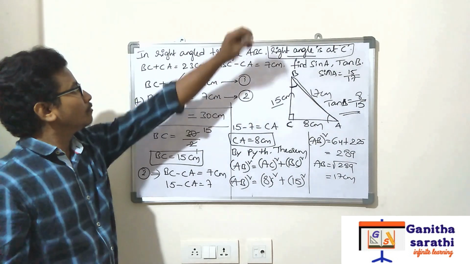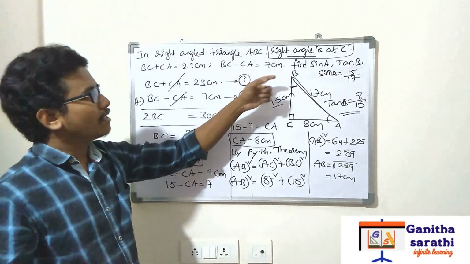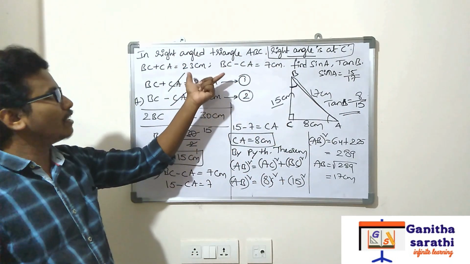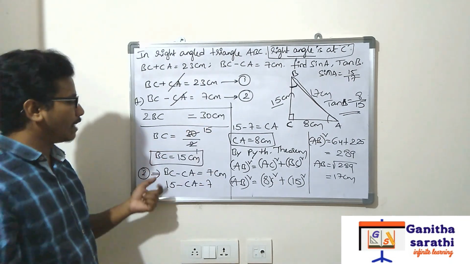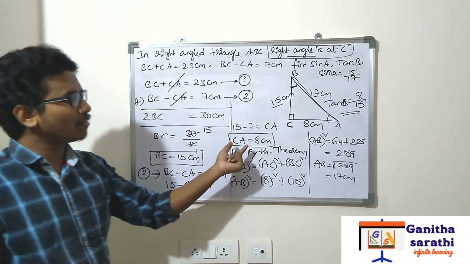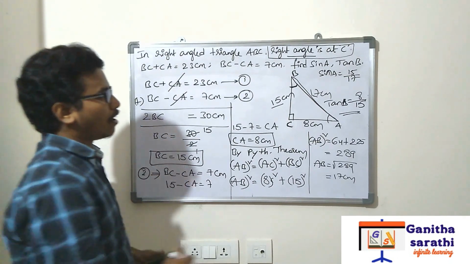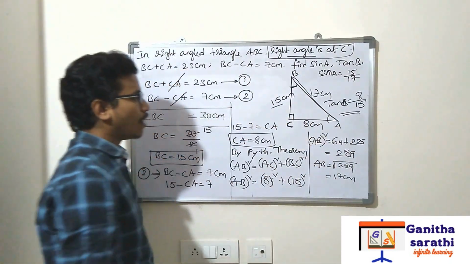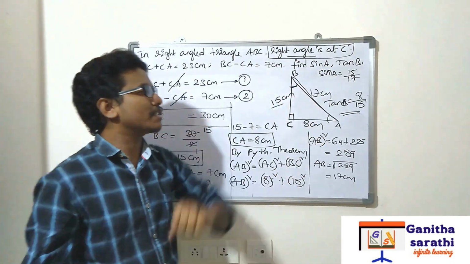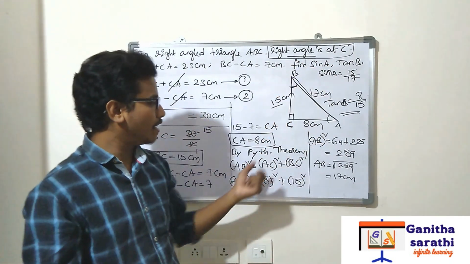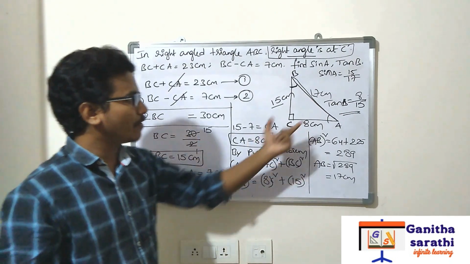Understood, all of you? In right angle triangle ABC, right angle is at C and he is giving two equations. First we solve those equations and get the values of BC and CA. After getting them, you have to find the third side in order to get the ratio of sin A, so for finding sin A we use Pythagoras theorem and get the value of AB.